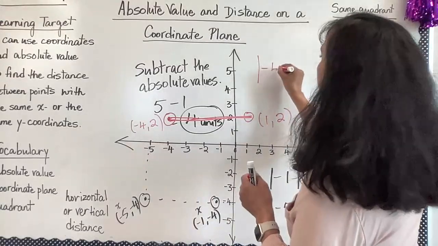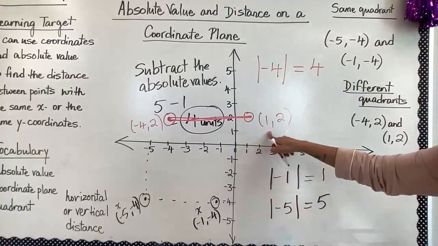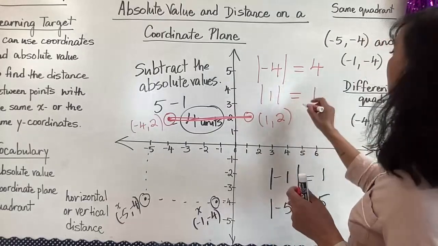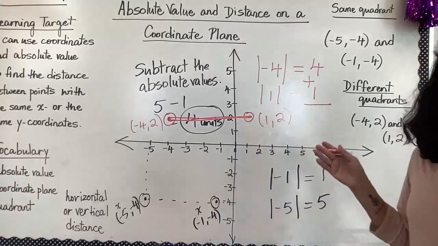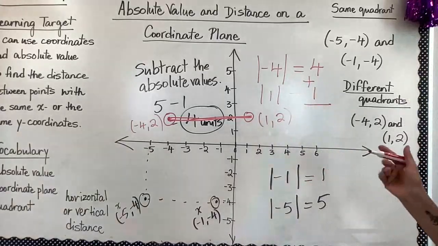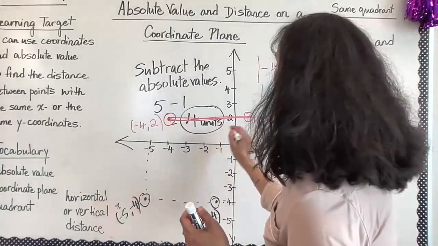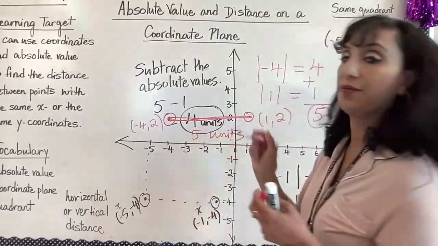What is the absolute value of negative 4? It is 4. Absolute value of 1 is how much? It is 1. And then all I do is add the two absolute values because they are in different quadrants, and I get 5. So therefore, the distance between the two is 5 units.